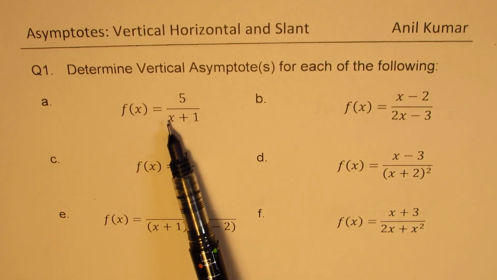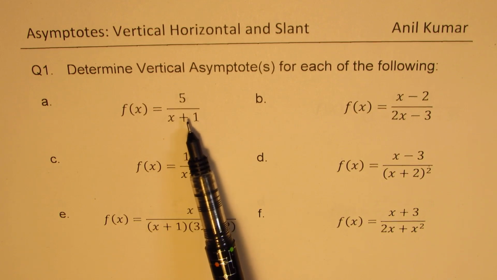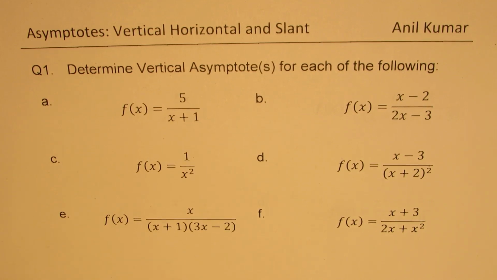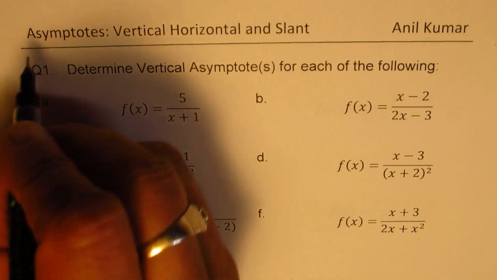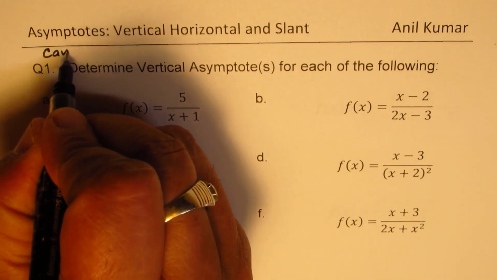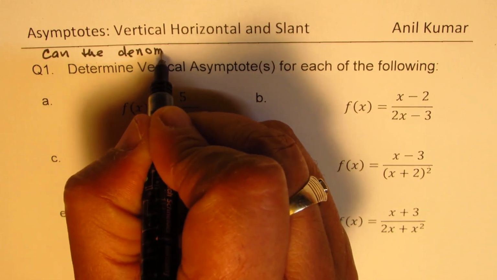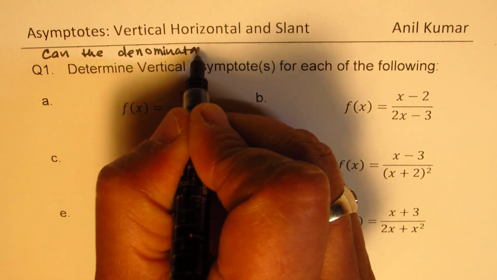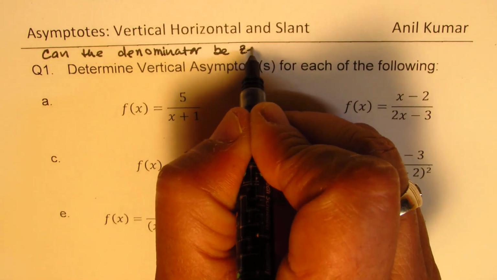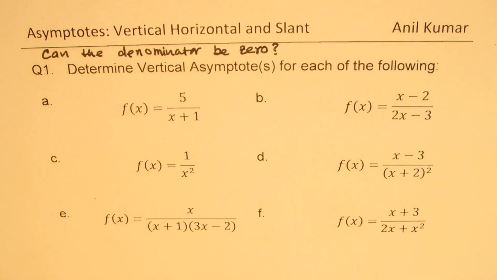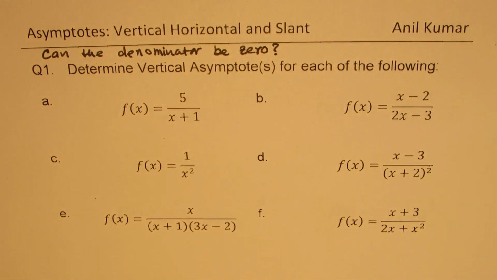That is, can the denominator be 0, right? That is the main question. So if you have to find vertical asymptote, the question is, can the denominator be 0? So that is the question which you need to answer. So let's answer this question one by one.